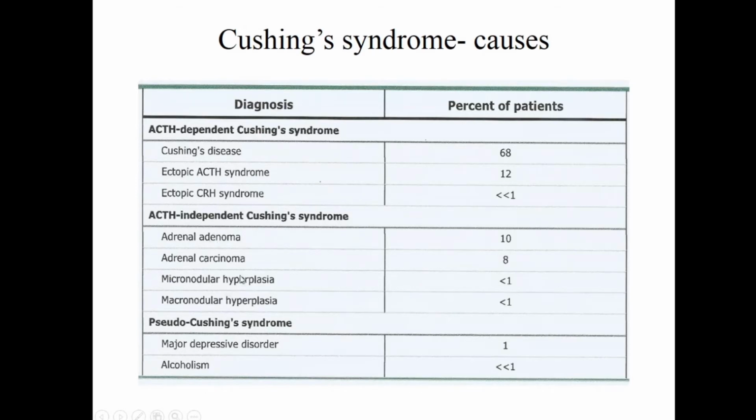The difference between hyperplasia and the tumorous conditions is that usually a tumorous condition is unilateral while hyperplasia is bilateral. I hope you got the point. And of course, among the causes of Cushing syndrome is Pseudo-Cushing, which, as the name suggests, we have described already. Other than these, there are many other causes which I have already mentioned to you. They mimic Cushing syndrome. So you'll have to take into consideration also Pseudo-Cushing syndrome.